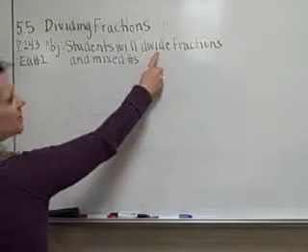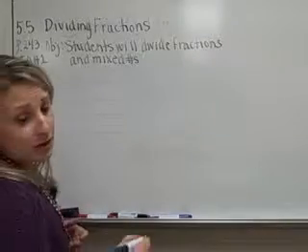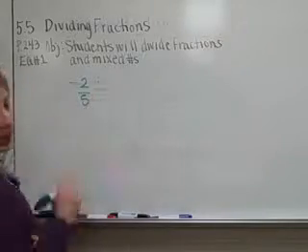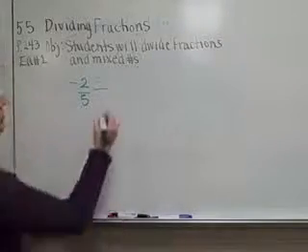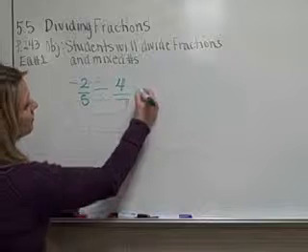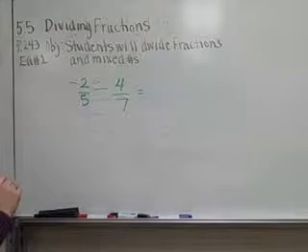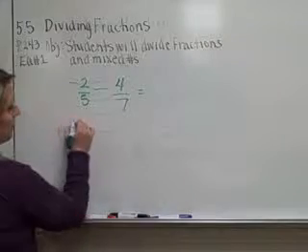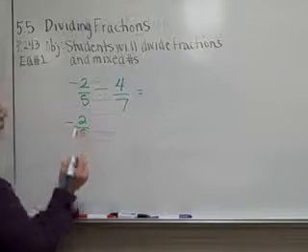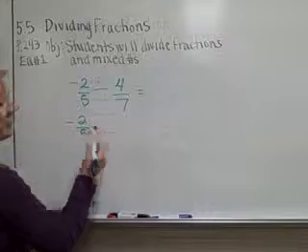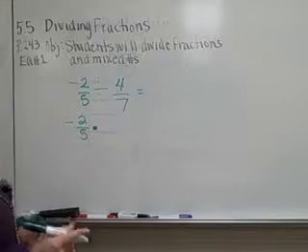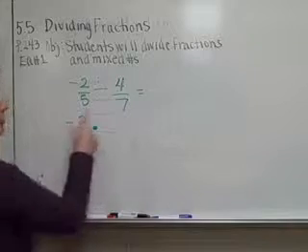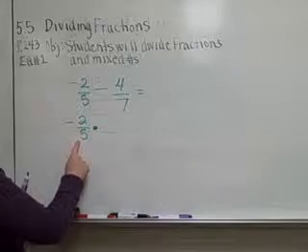Remember, our objective is to divide fractions. So let's start with -2/5 divided by 4/7. Instead of dividing, I'm going to rewrite this as a multiply problem, because I just proved that multiplying by the reciprocal gives you the same answer. The first number stays the same.